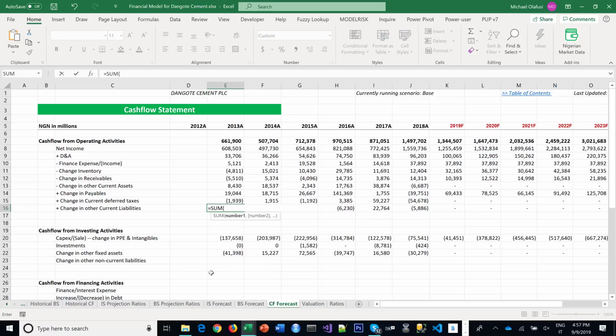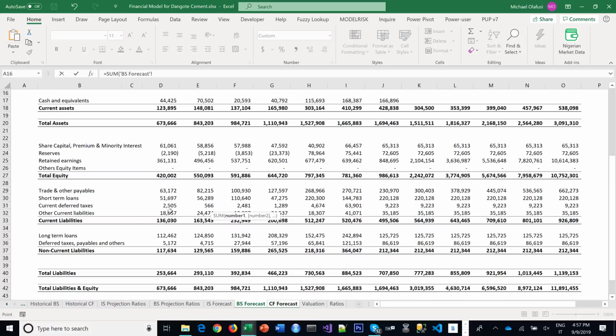So this should have been sum. So here I should have summed the deferred taxes, current deferred taxes, and total, because those two are the ones that have the remaining for the current liabilities that have not been captured already.